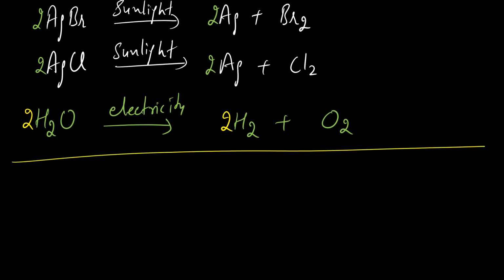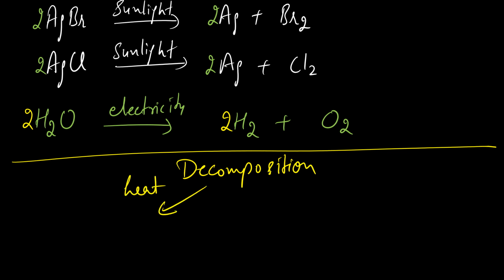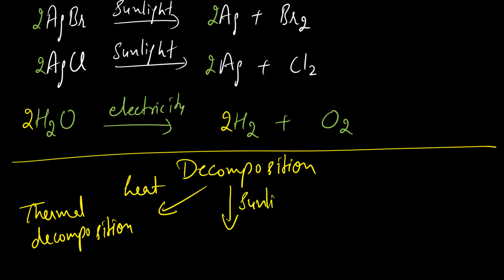Now here I am going to give you one additional note. When decomposition takes place with the help of heat, it's known as thermal decomposition, while when the decomposition takes place with the help of sunlight, it's known as photolytic decomposition reaction.